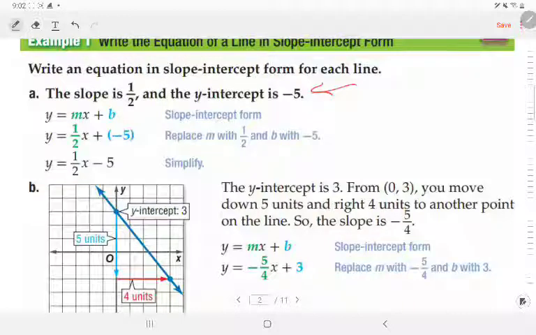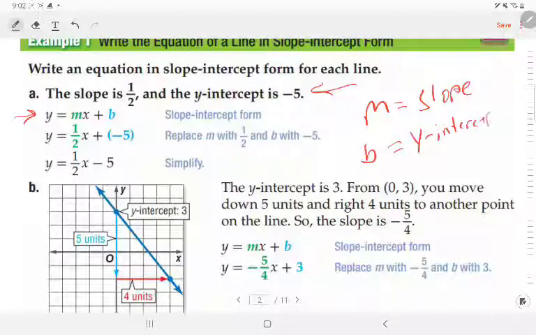Okay? So remember, we're dealing with y equals mx plus b, where m equals the slope, and b equals the y-intercept. And then we just plug in what we know.